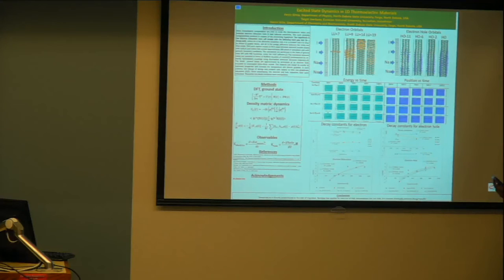All right. So a conclusion I drew from this is the band gap law, which is this equation right here, the electronic relaxation rate is equal to e to the negative alpha delta E, where delta E is the change in energy. The band gap law applies for electrons at high temperatures, all right, but not for the electron hole, because as you can see here on this graph, the slopes are almost zero. All right, so that's the conclusion I drew from this.